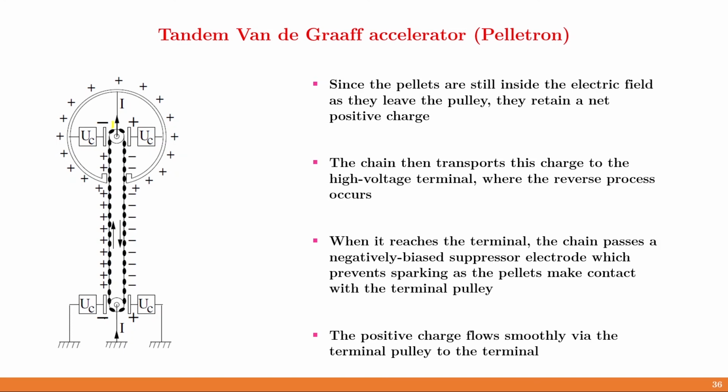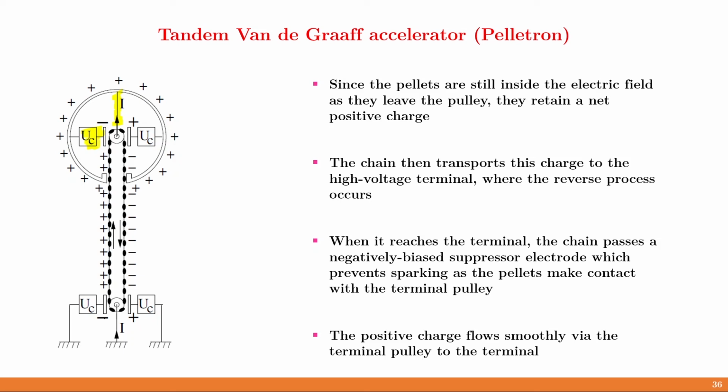The chain then transports this charge to the high voltage terminal where the reverse process occurs. When it reaches the terminal, the chain passes over a negatively biased suppressor electrode, which prevents sparking as the pellets make contact with the terminal pulley.